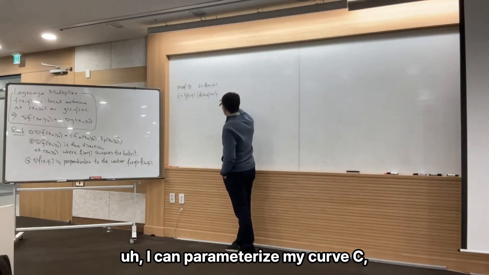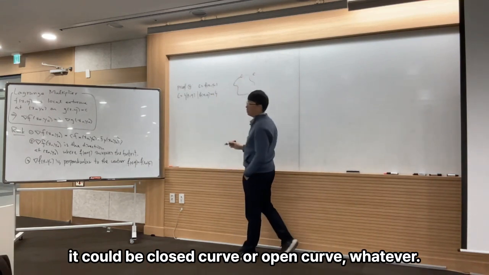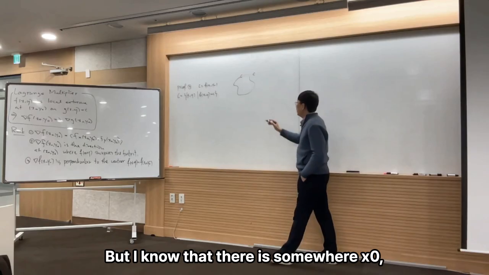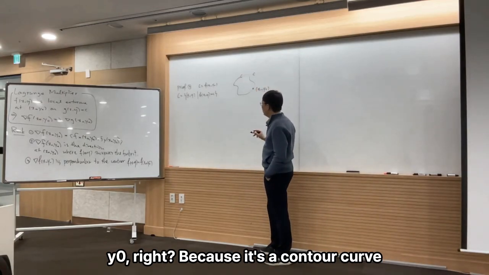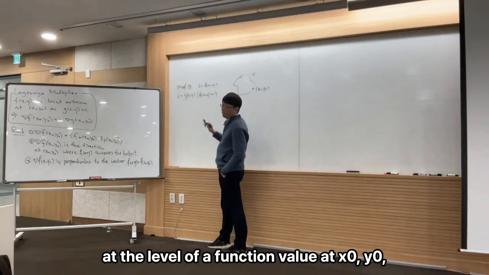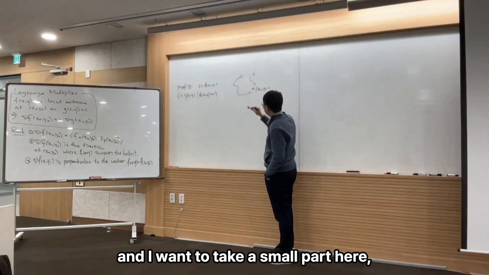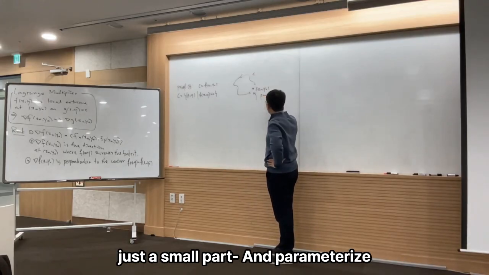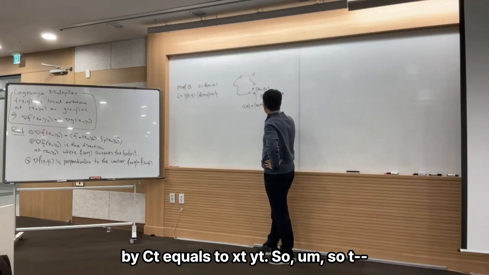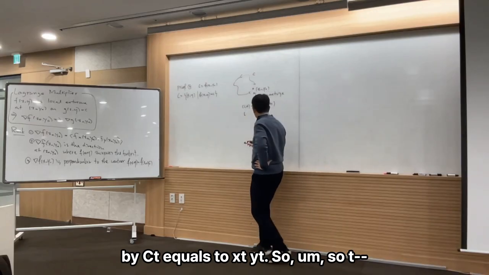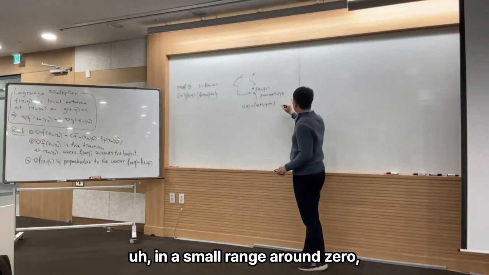Let's say I can parameterize my curve C. It could be a closed curve or an open curve, whatever, but I know that (x0, y0) lies somewhere on it, because it's the contour curve at the level of the function value at (x0, y0). I want to take a small part here and parameterize it by c(t) = (x(t), y(t)), with t in a small range around 0.